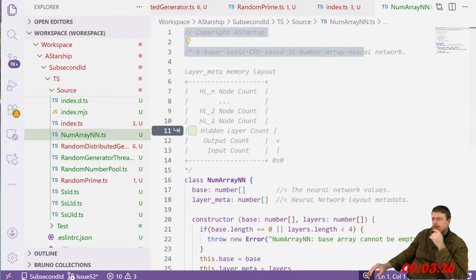This would be like an auto ML thing, which I don't really necessarily want to have to do.